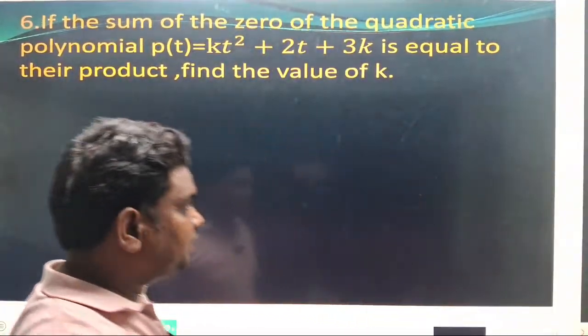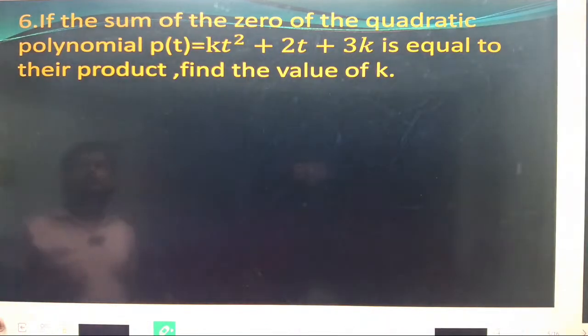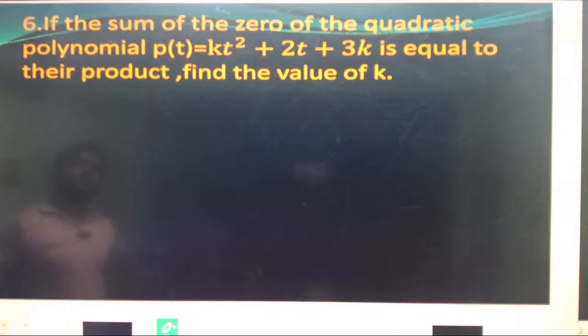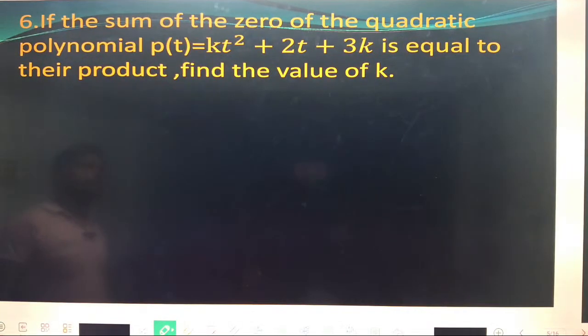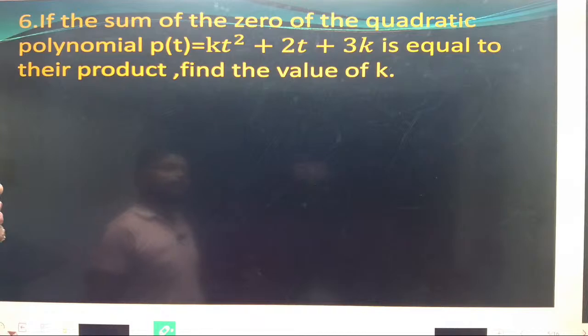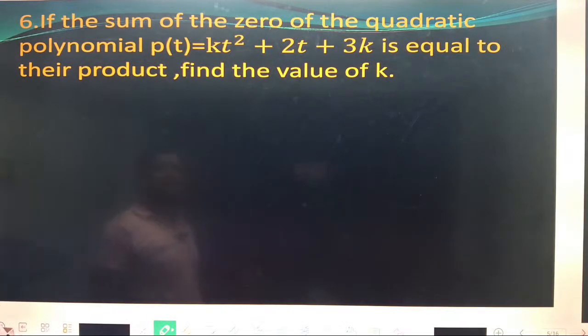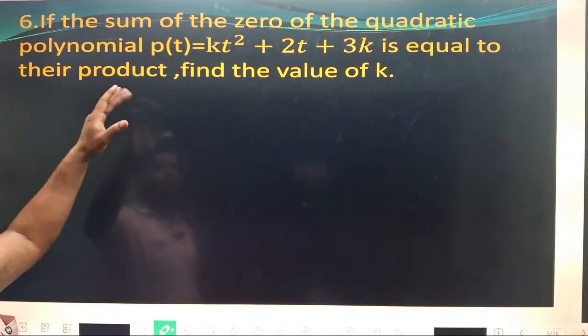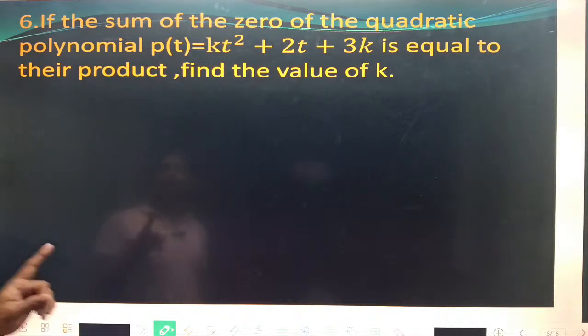The next question is the sixth question. Question number 6. If the sum of zeros of the quadratic polynomial p of t equal to kt square plus 2t plus 3k is equal to their product, find the value of k.